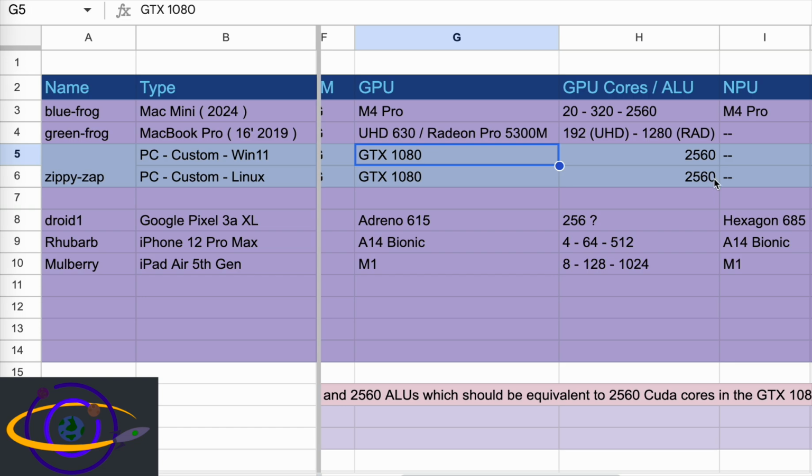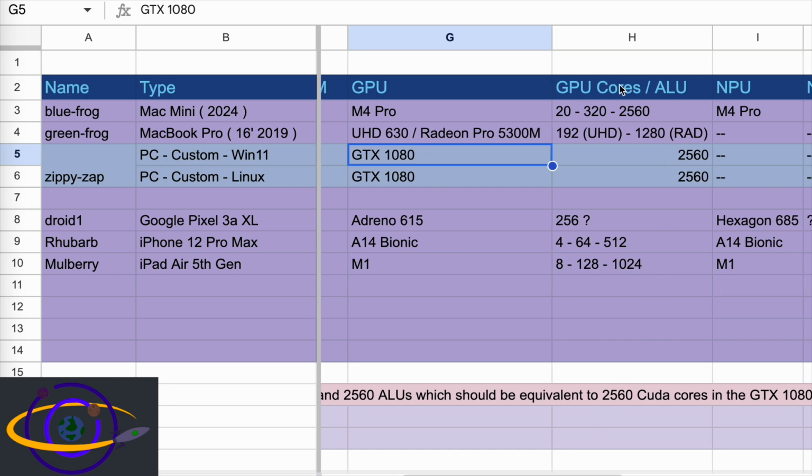Now, given these function a little bit differently, this is comparing apples and oranges. The way they work and the architecture is different, but comparing the number of ALUs to the number of CUDA cores is the closest comparison you get if you want to compare them based on the numbers.